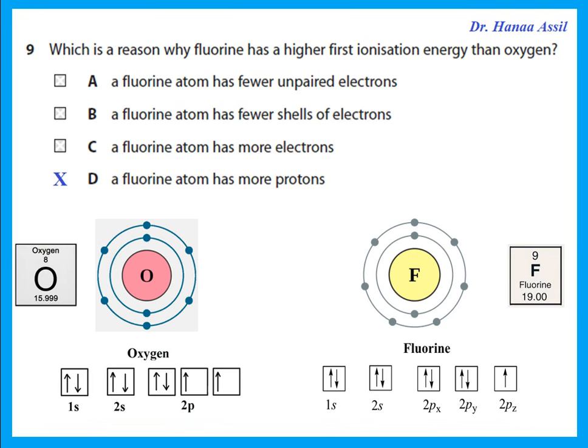The electrons are in the same energy level. The outermost electron is in the 2p in both, so either way we're removing a 2p electron, but the difference is that the nucleus has more protons in the fluorine, so it will be more difficult to remove that outermost electron, so it will have higher first ionization energy. Are we following?